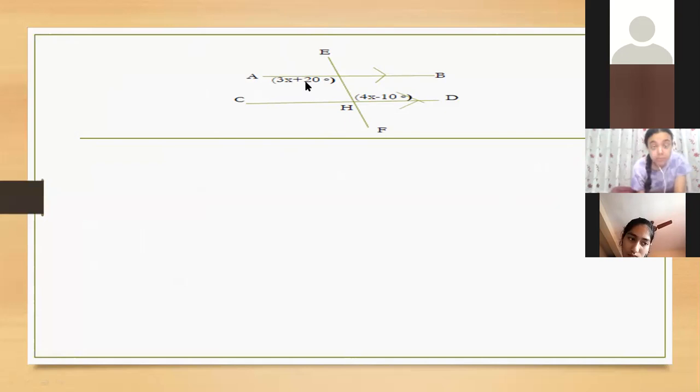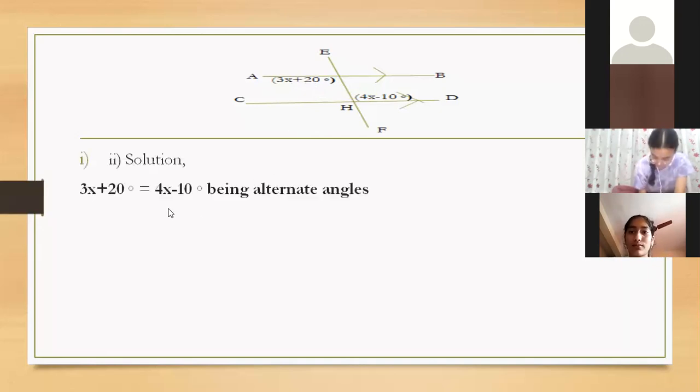Alternate angles? Who said alternate angles? Abhigya, good, you have told correctly. These are alternate angles and alternate angles are equal. Then we have to solve like this. Look here. This is number 2. And they are alternate angles, right?